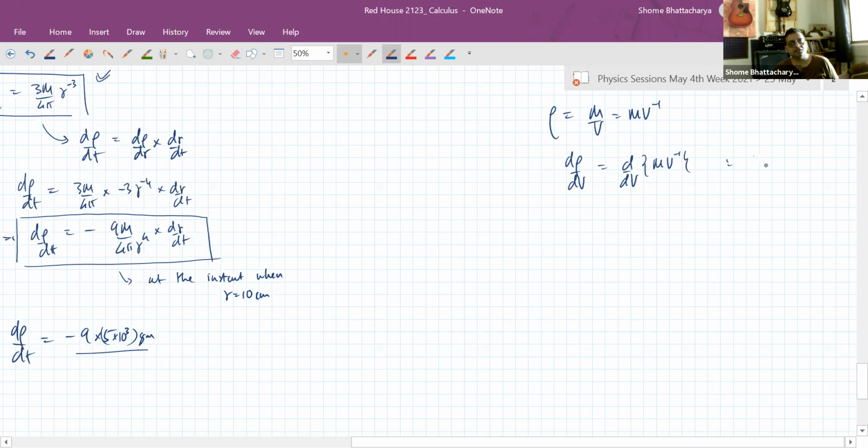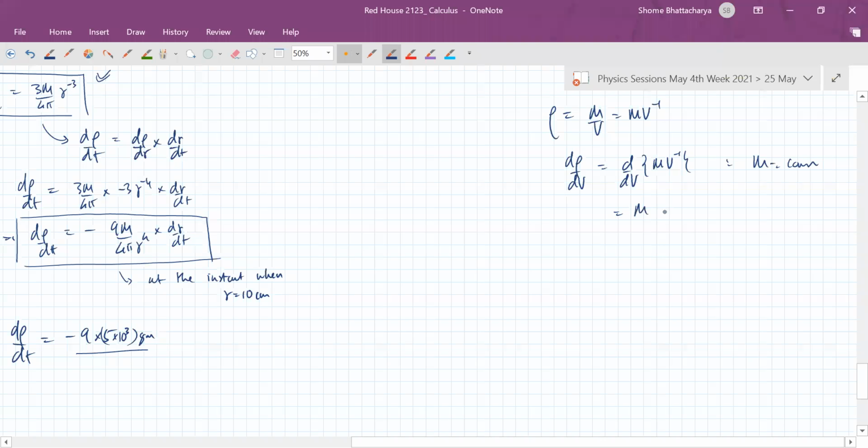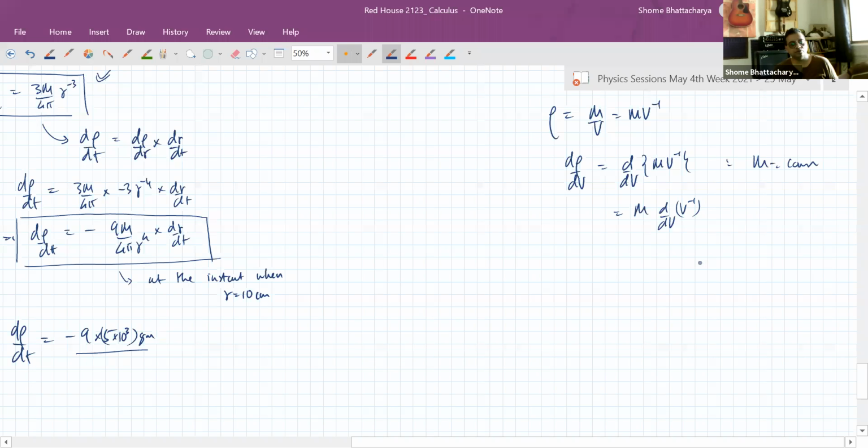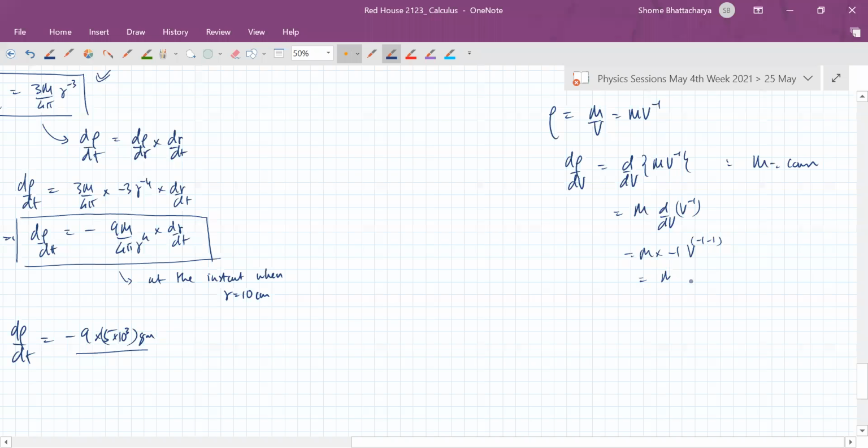Now remember here mass is a constant. You got it now? Okay, so power rule: minus 1 into v to the power minus 1 minus 1. Thank you, sir. Very good.